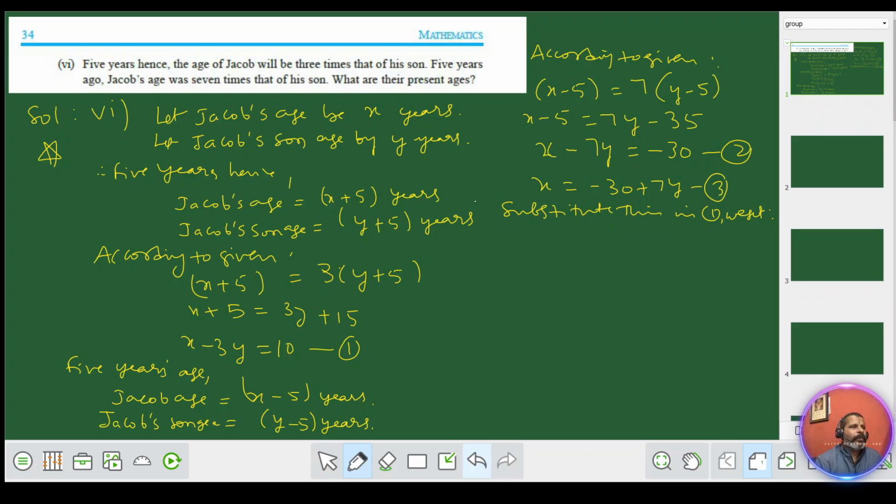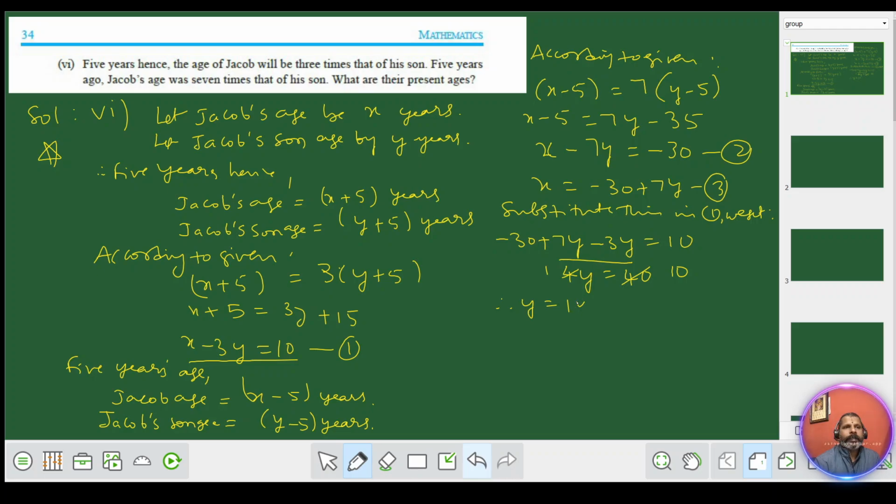Substituting this in 1, we get x, which is minus 30 plus 7y, because 1 is x minus 3y equal to 10. Solve it. Send minus 30 to the right side. 7y minus 3y is 4y equal to 10 plus 30, which is 40. Therefore, y equal to 10.